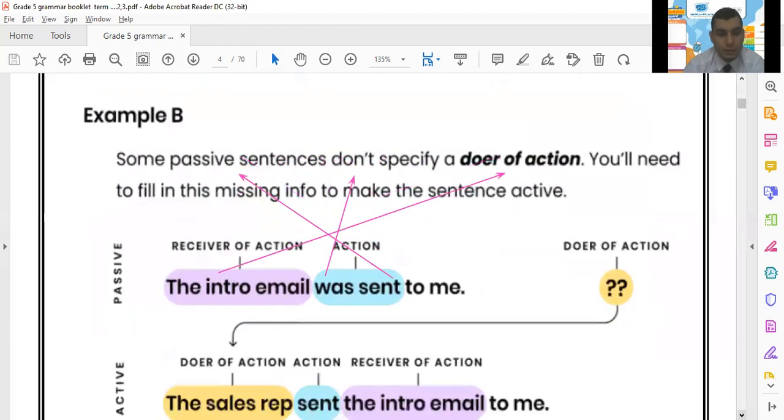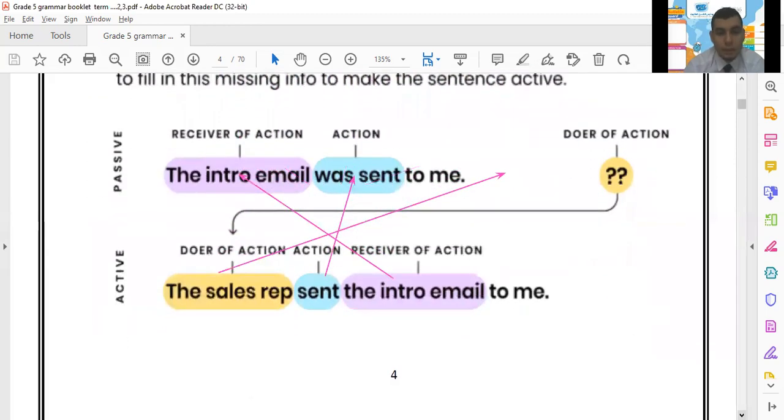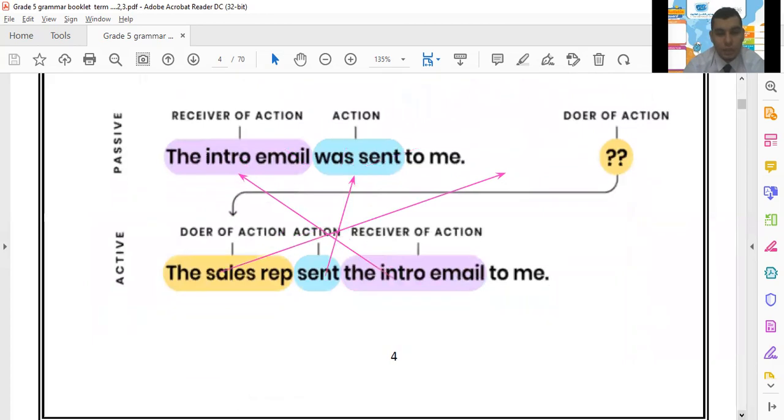Muhammad Ahmad, yes? What about here? The arrows still apply. What about here? Here, the sales rep.